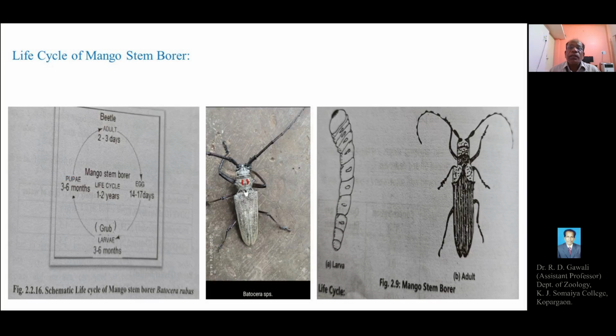So this is the diagram representing the schematic representation of the life cycle of the mango stem borer, that is Batocera rubus. So the adult beetle lives for 2 to 3 days.